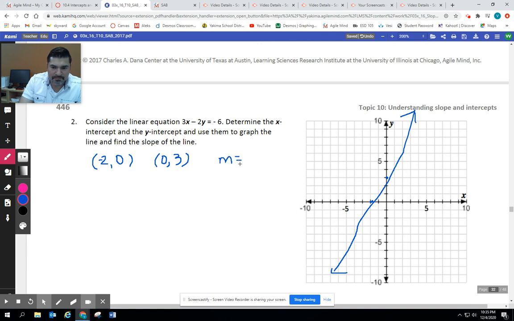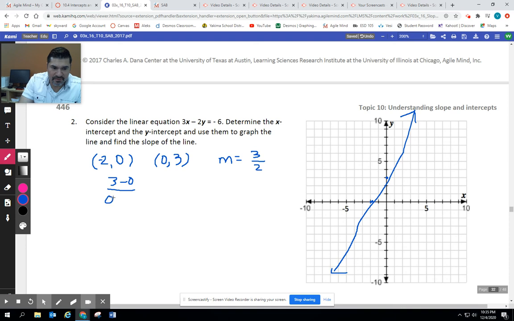So you can either count and go 1, 2, 3, and then over 2, 1, 2. Or you can do what we did on the last problem, where you have y2 minus y1. So 3 minus 0 over x2 minus x1.